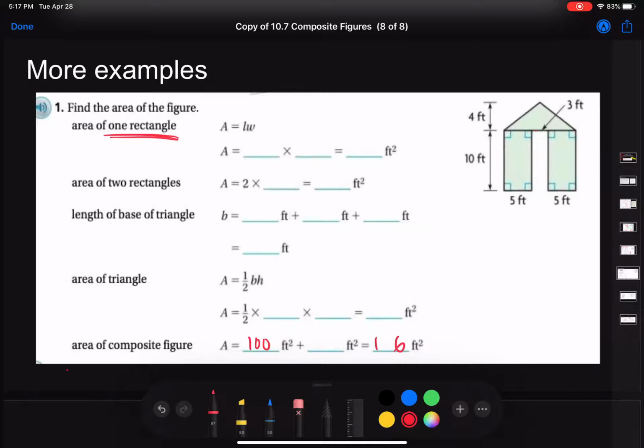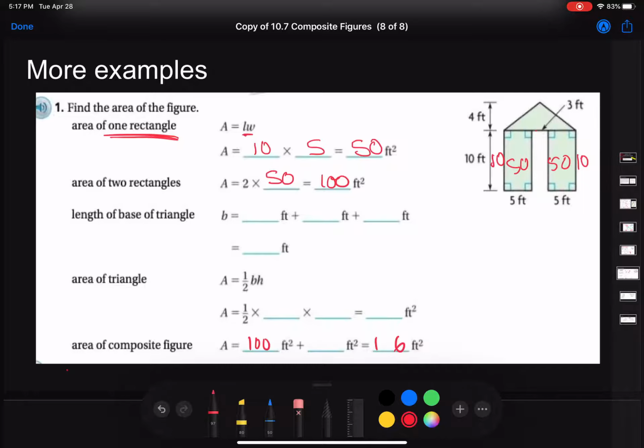So the length of the rectangle is 10. Then your length times width, so it's 10 times 5, 50. Now you have 2 of them, so together, this is 50 and 50, which is 100.